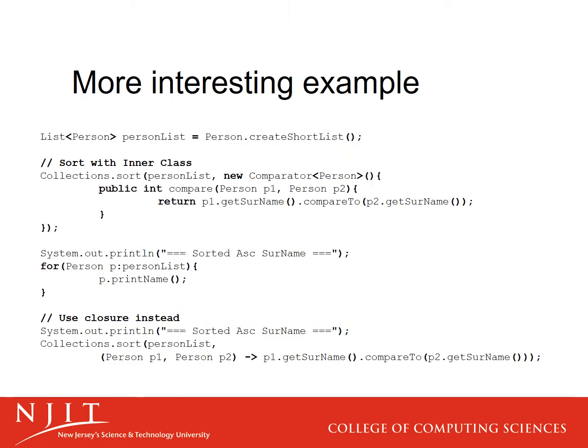Another interesting example shows the use of anonymous inner classes and closures to do the same thing. Let's say we have a list of persons, a variable called personList, which is a list of Person, and I want to sort it.